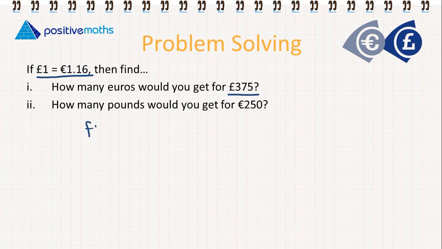For part 2, we need to find the value in pounds for €1, and then we can find our €250. So pause the video at this stage to complete this example.